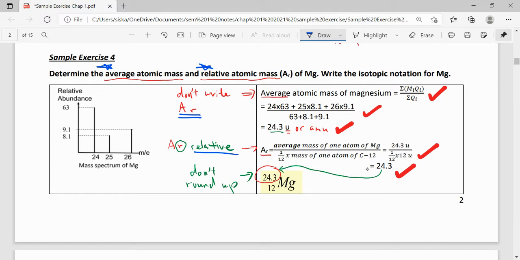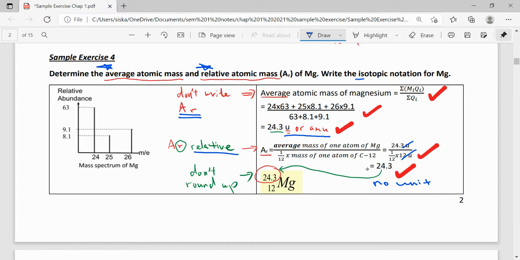And for average atomic mass, the answer must have a unit, u or amu. Okay, and then if you are asked to answer relative atomic mass, if this is a subjective question, remember for relative atomic mass, there will be no unit because you have cancelled out the unit in the calculation.